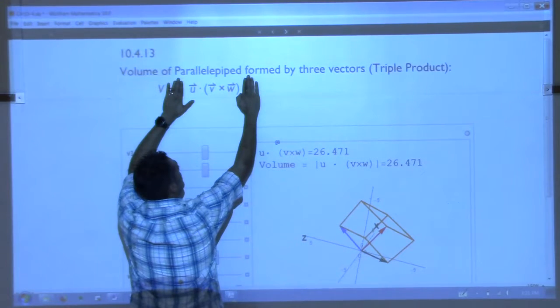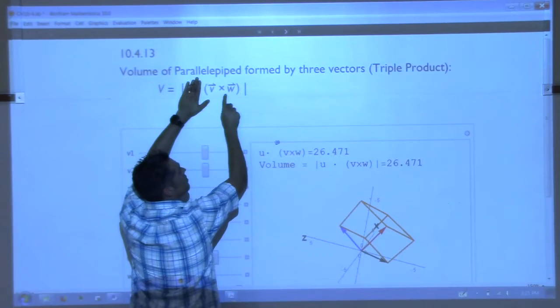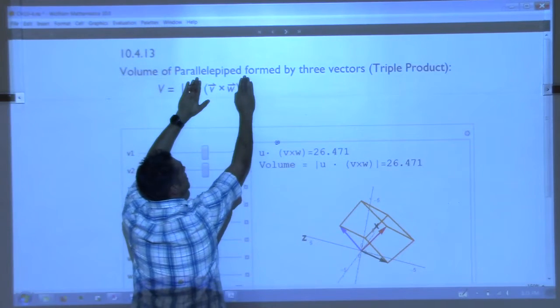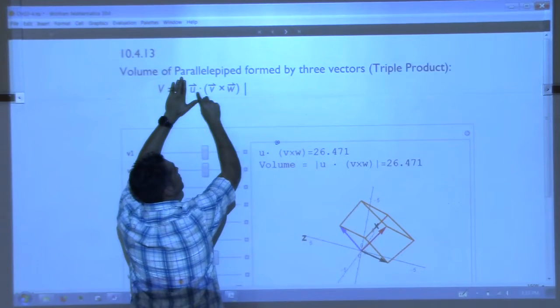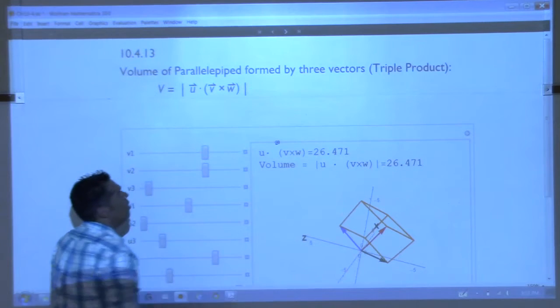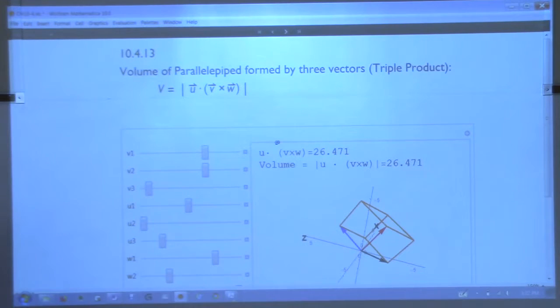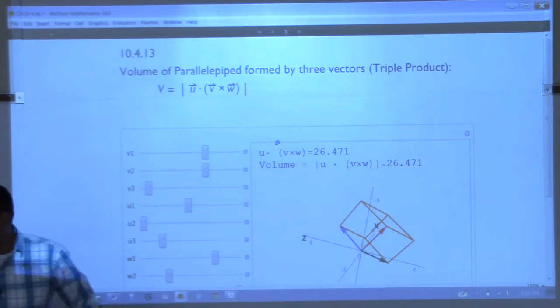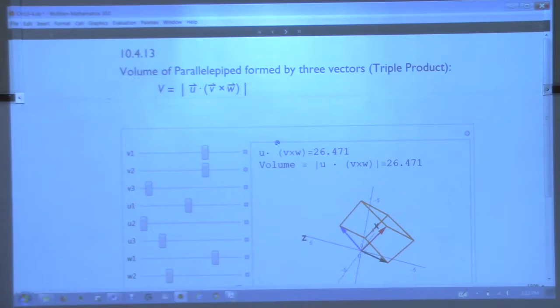That's a number. Because those two are a vector, and dotting a vector with a vector is a number. So why the absolute value then? It could be negative, right? Because dot products can be negative. Remember, if the angle between two vectors is bigger than 90 degrees, it could be negative. So we do the absolute value because we don't want our volume to be negative. That one I haven't seen used as much, but that is a result.